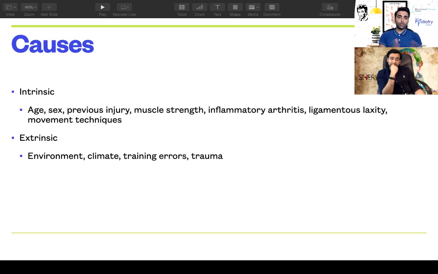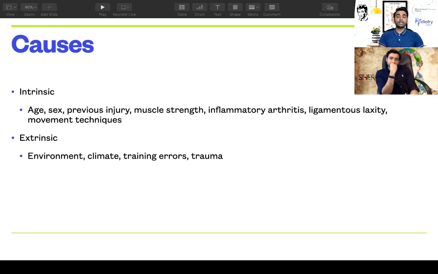So in terms of the causes, there are intrinsic ones, which are from within. Of course, age, sex, previous injury, muscle strength, inflammatory arthritis. Given my role in the NHS as a rheumatology specialist, I've found that lots of inflammatory arthritis ends up causing the latter stages of PTTD.